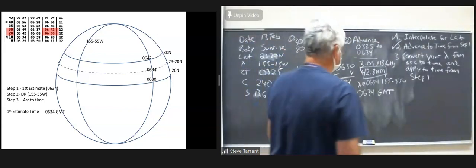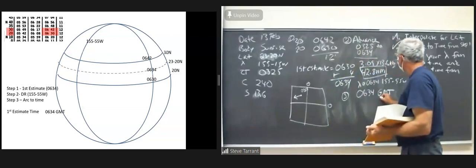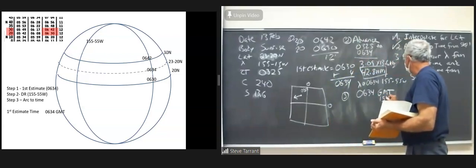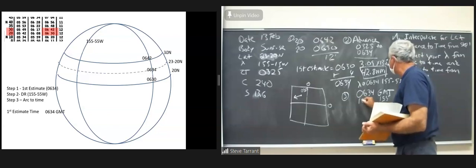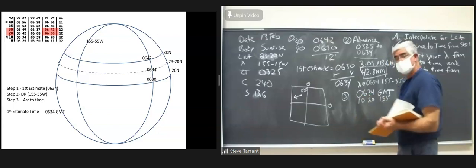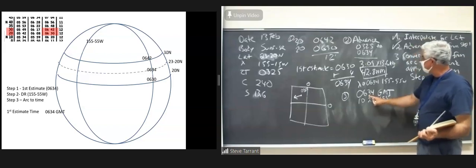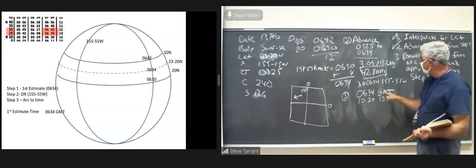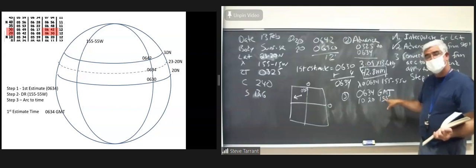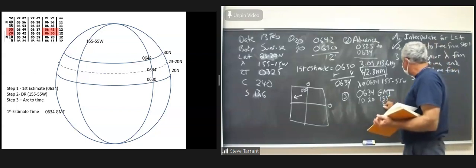I'm going to write 155 degrees, 10, 20. What that means is it's going to take 10 hours and 20 minutes for the sun to go from Greenwich to 155. Now I have to do my 55 minutes.